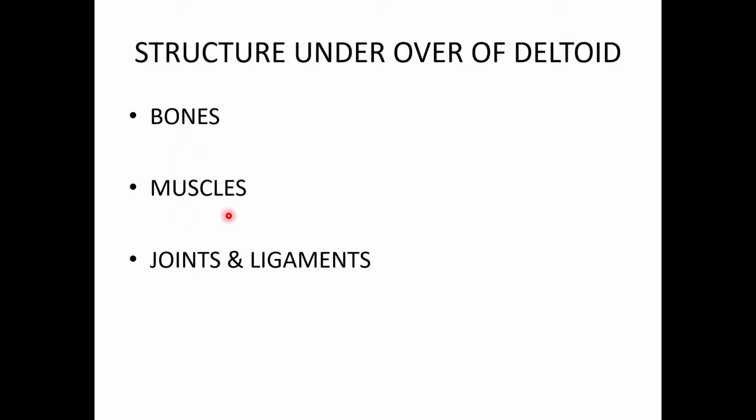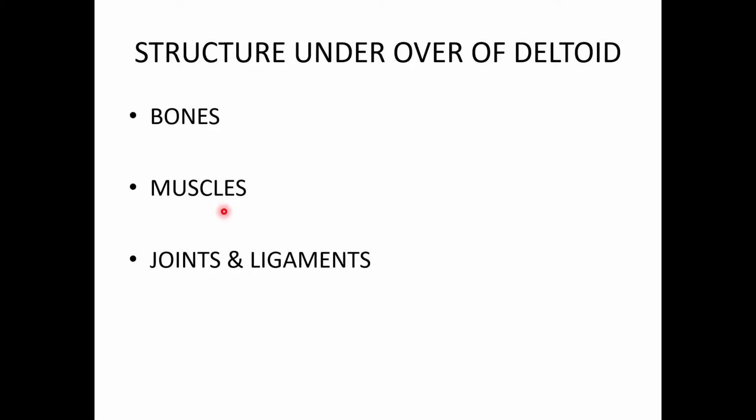The muscles are all the muscles which take their attachments from the coracoid process, the tubercles, that is the greater tubercle, the lesser tubercle, and the deltoid groove or the intertubercular sulcus of the humerus.